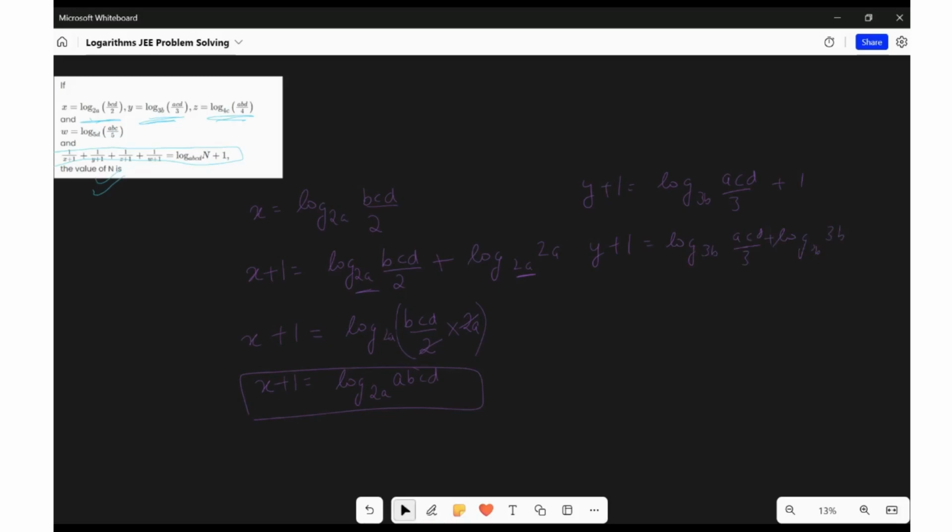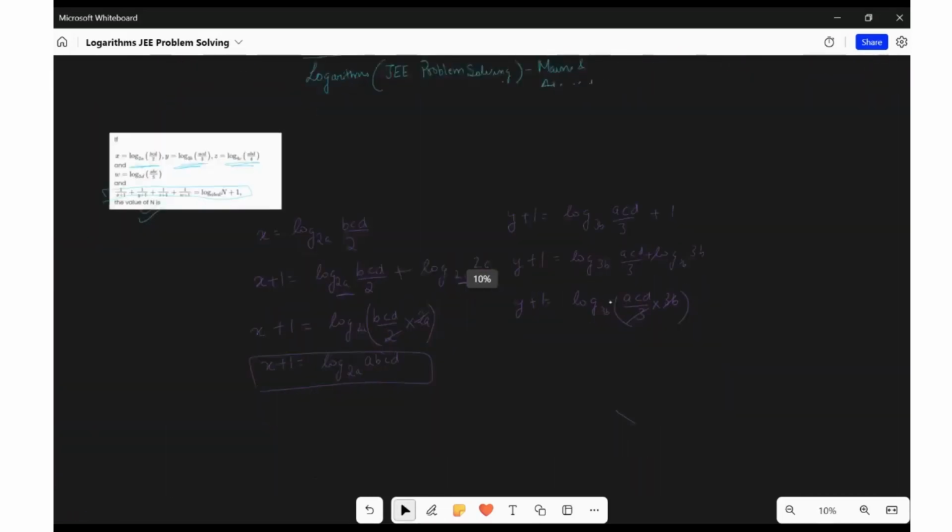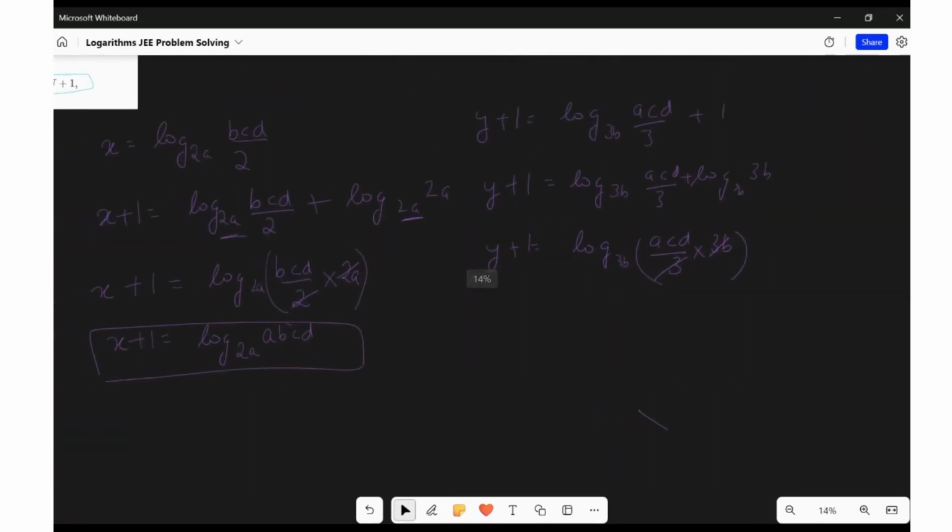So y plus 1 is log ACD by 3 multiplied by 3b base 3b. 3 cancels out, so it's similar: y plus 1 is log ABCD base 3b, right?